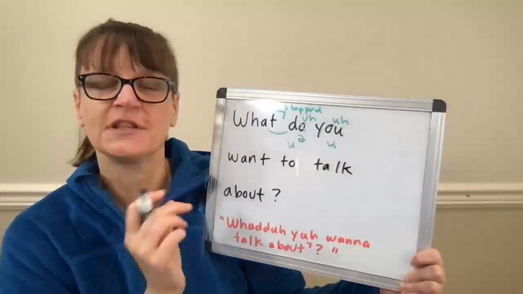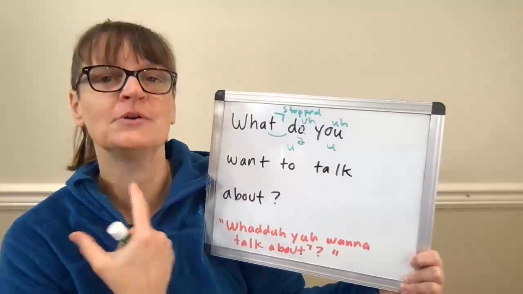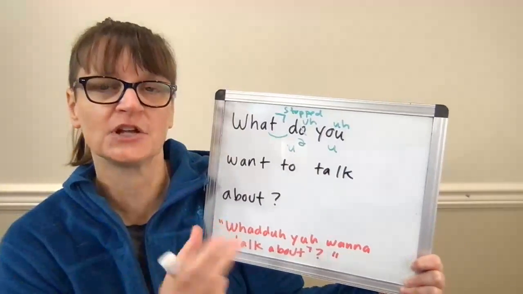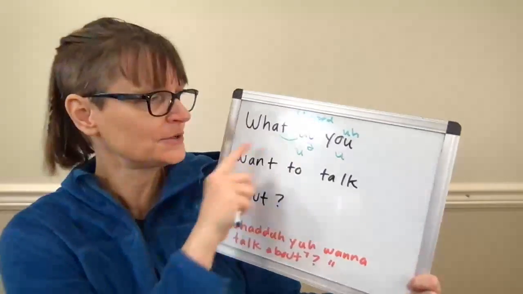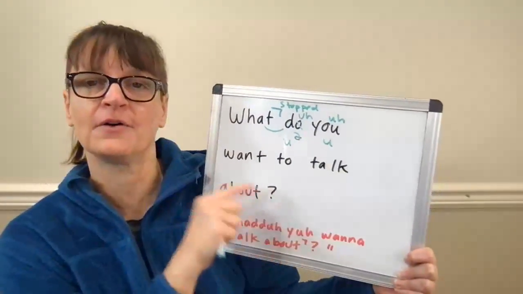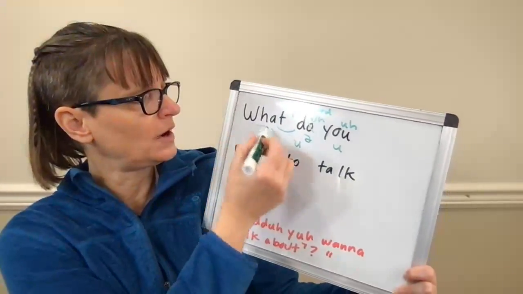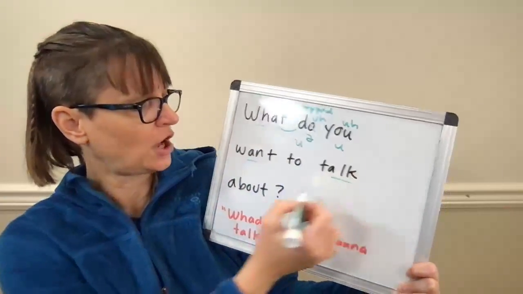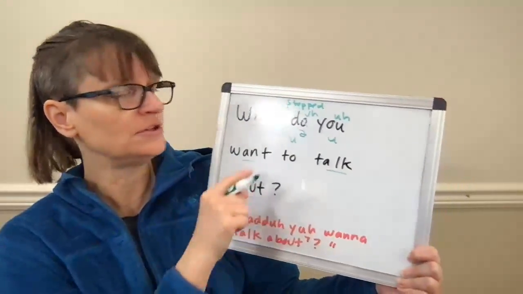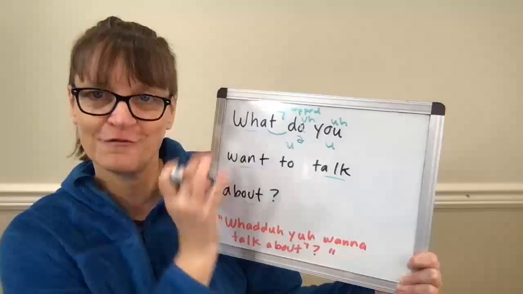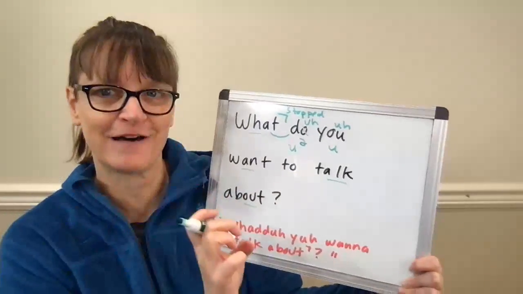This is a reduction that we typically do on words like do, you, to, etc. when they're unstressed. So in the phrase, "What do you want to talk about?" the important words are what, want, talk, and maybe about. The do, you, and to are all fast connecting words that have vowel reductions.